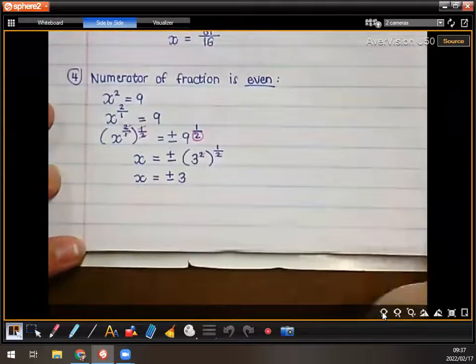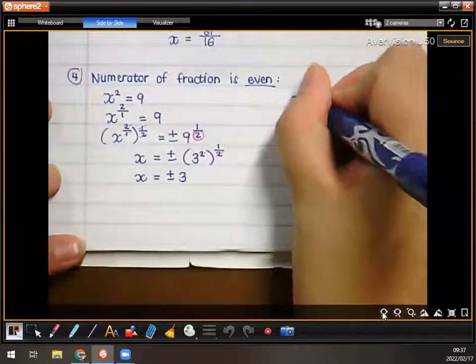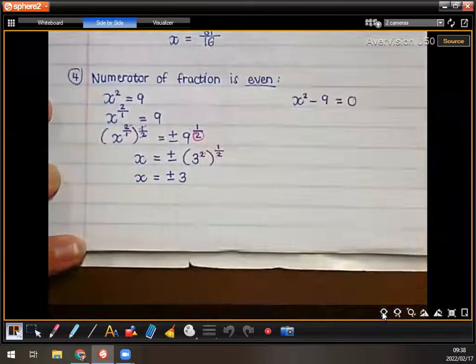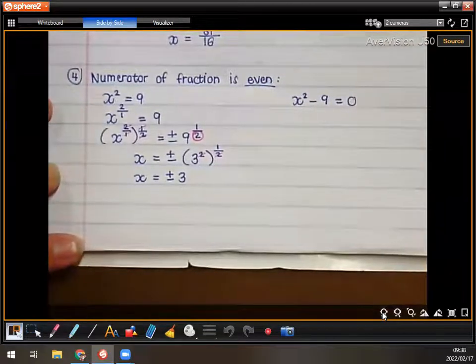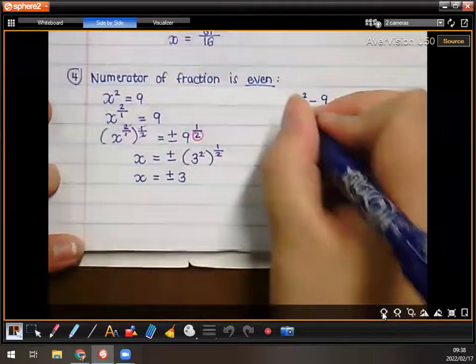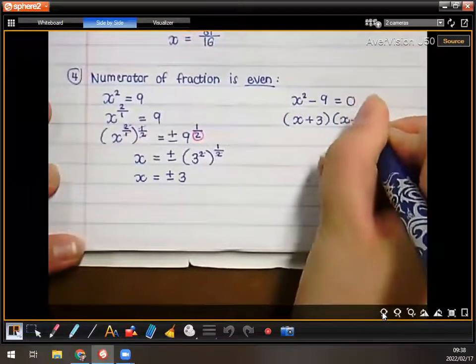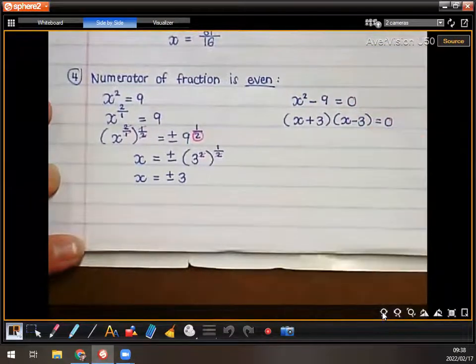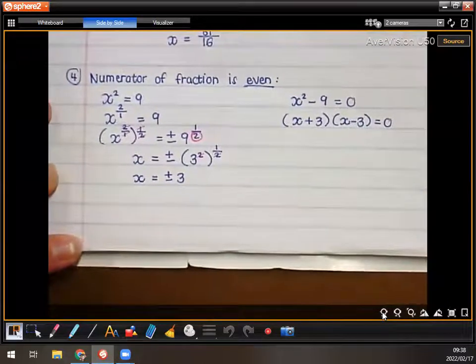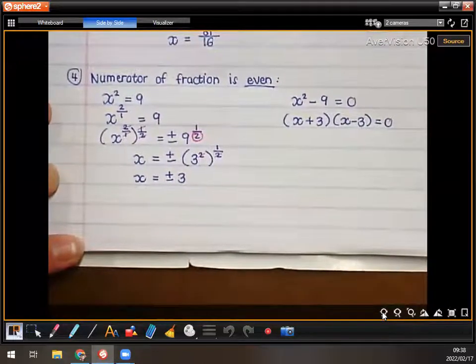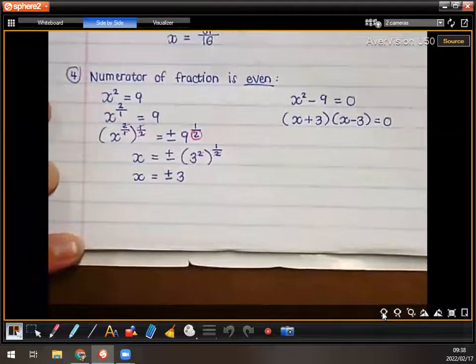So I'll show you now what to do. In the past, you would have done this, right? You would have taken that 9 over, and you would have said, this is actually a quadratic equation, x squared. So you technically would have to take that 9 over and make it here, and then you would have to do your difference of 2 squares. Okay, so you would say x plus 3, x minus 3 equal to 0, or you can use the quadratic formula if you want, with your a, b, c.